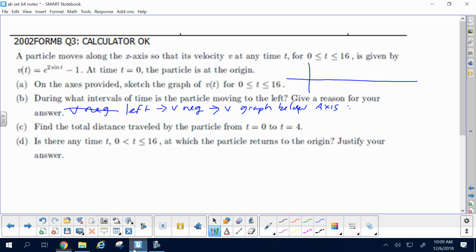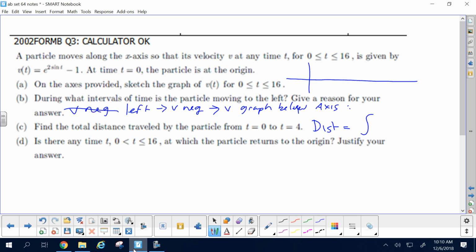All right. C, find the total distance. This is a huge idea that we have to cover a lot, but distance is the idea of, I don't want to talk about, is he moving right or is he moving left? I just want to know how far did he go, period.